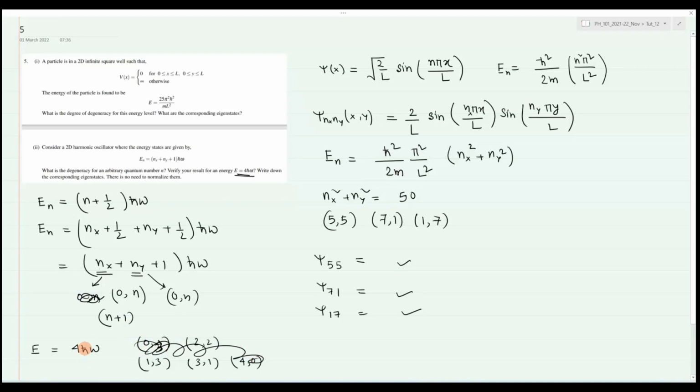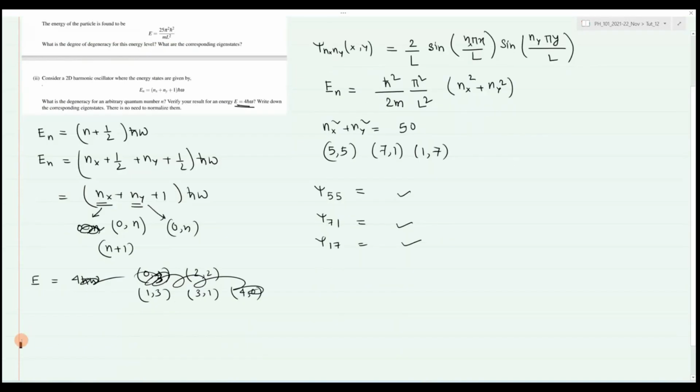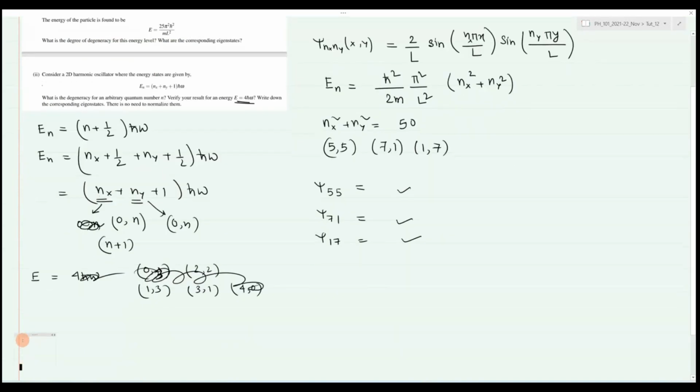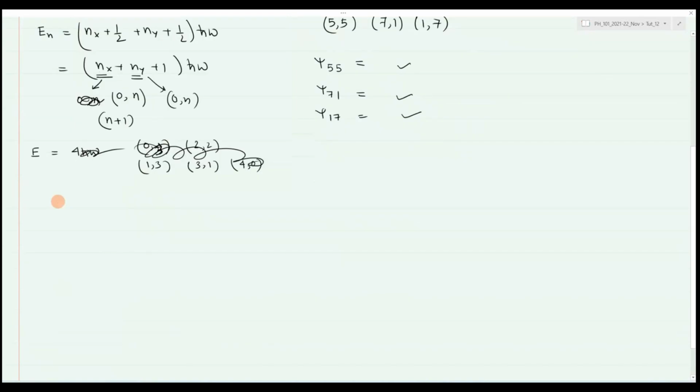So it will become, let me write it. 1 was already there. So E is equal to 4 h cross omega. So we will have 0, 3, 1, 2, 2, 1, and 3, 0.